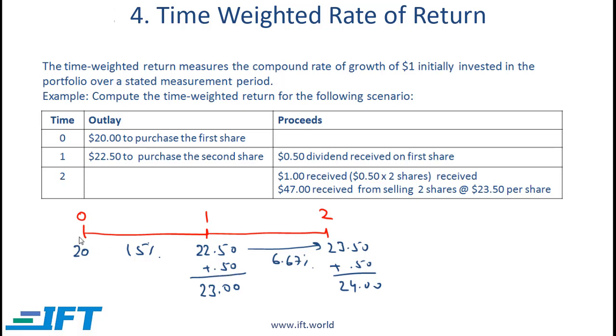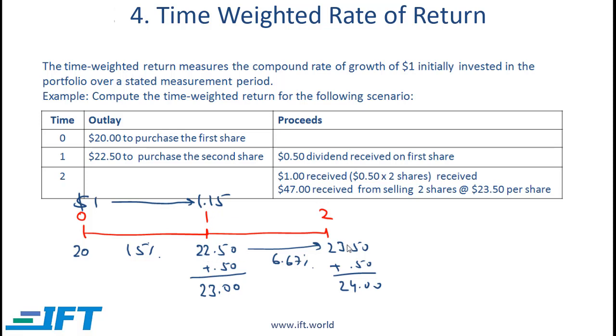This means that we have received a return of 15%. So 20 essentially becomes 23, so the return is 15%. A dollar invested over here has now effectively become $1.15 at the end of one period.